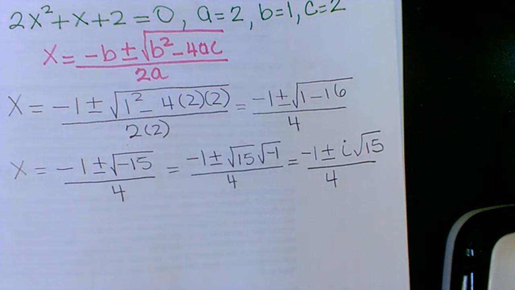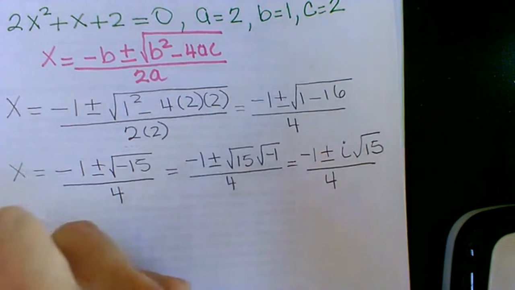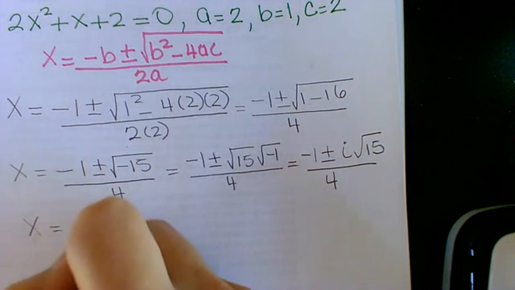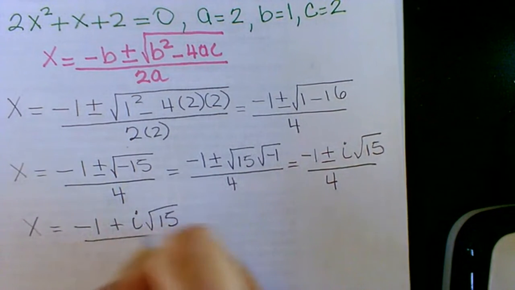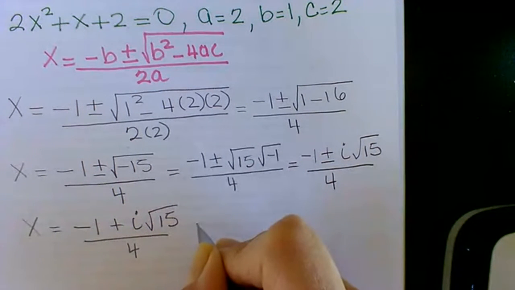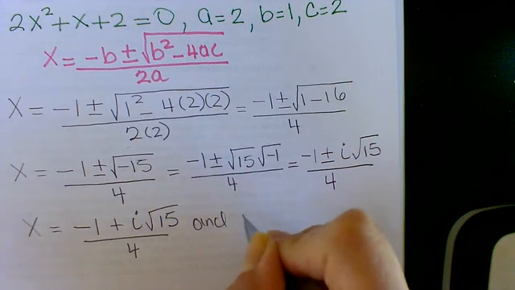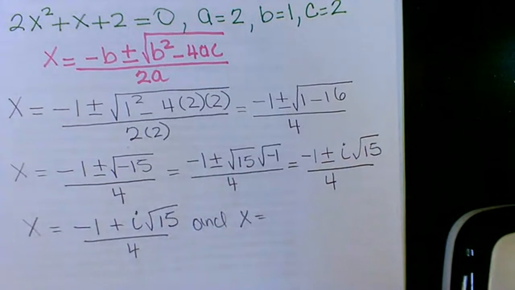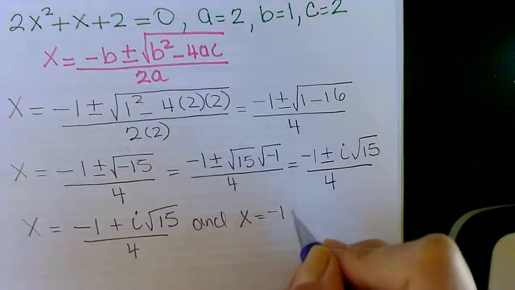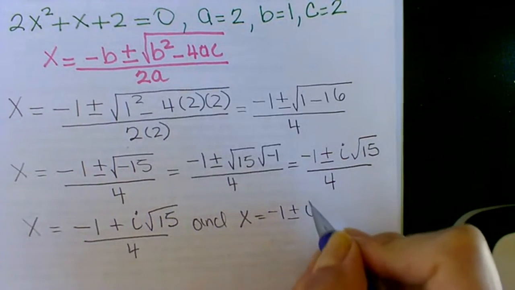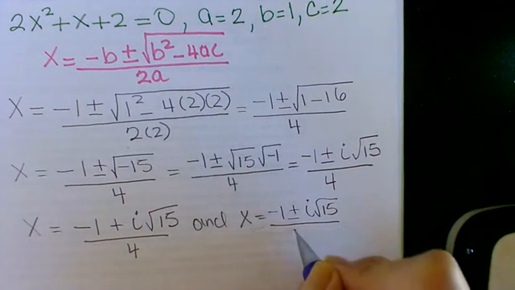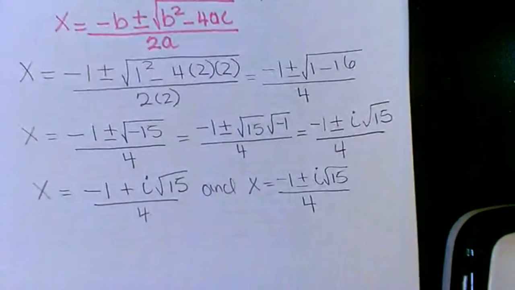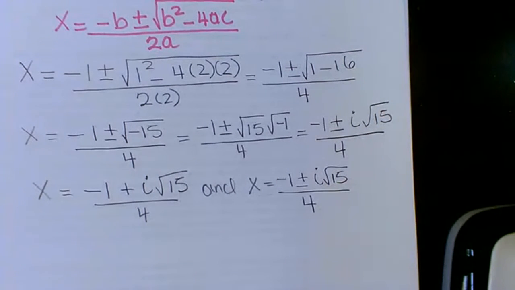So I'm going to have two answers, right? One is going to be -1 plus i square root of 15 over 4. And the other one is going to be -1 minus i square root of 15 over 4. Exactly what you guys got. Okay?